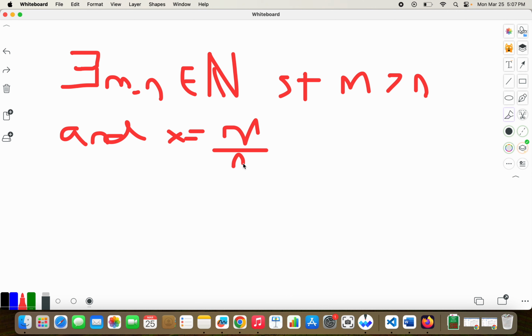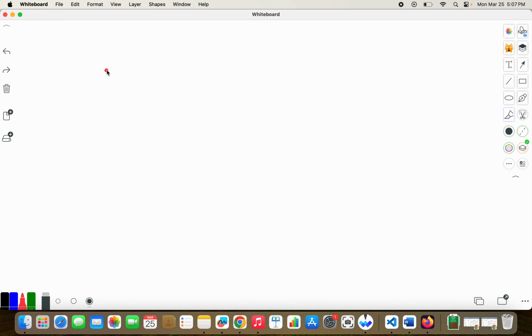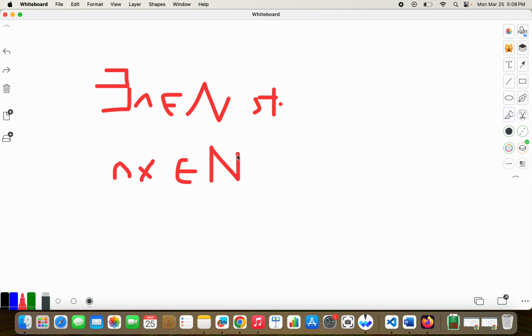This is basically the definition of a positive fraction, such that m is greater than n. So n times x is in the natural numbers.